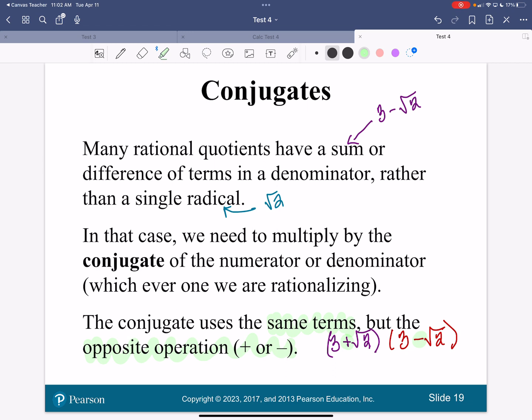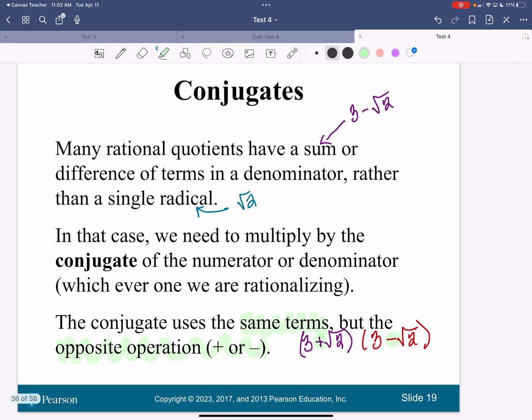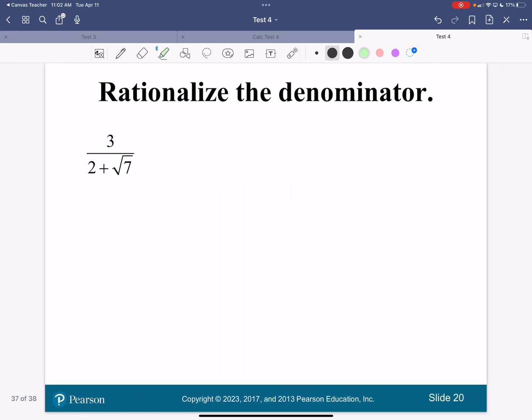So let's see what this looks like. This is what it looks like right here. We are rationalizing the denominator. Because we have two terms right here, we must rationalize by the conjugate. So what I'm going to do is multiply the numerator and the denominator by the conjugate.